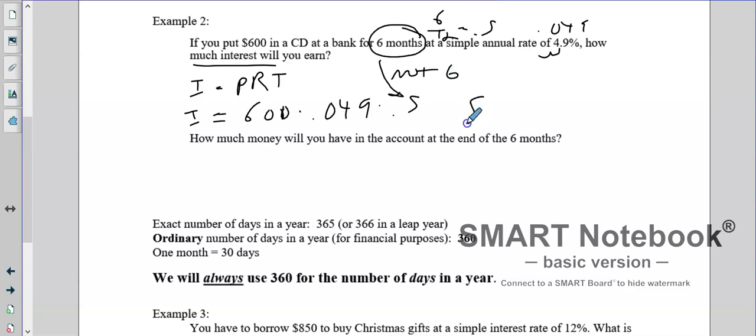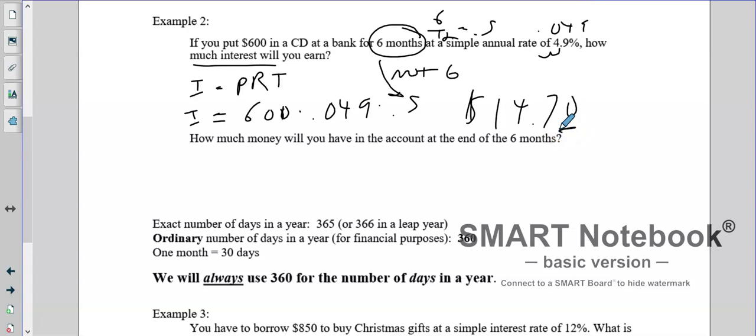And you earn $14.70. And remember, when your calculator tells you 14.7, this is money. We need 2 spots, so you need to include that 0 there.